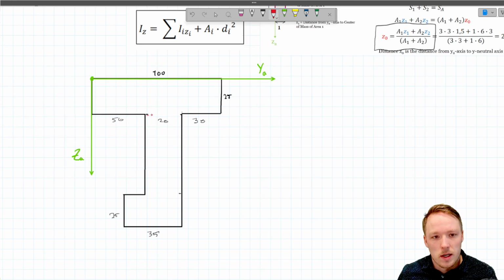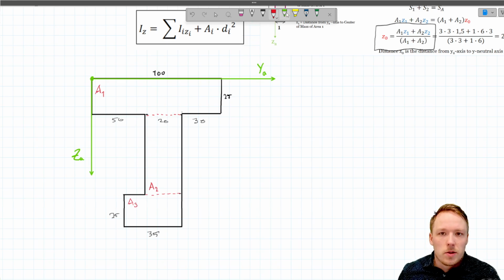Firstly, I'm going to draw an auxiliary line through here. This area here will be my area 1. Then I'm going to do a second auxiliary line through here, and this area will be my area 2. And finally, the last area down here will be area number 3.